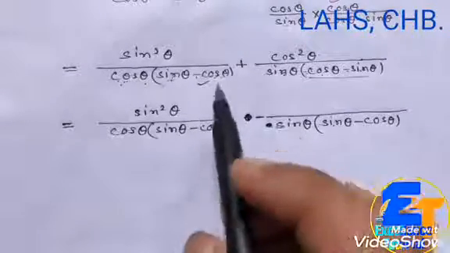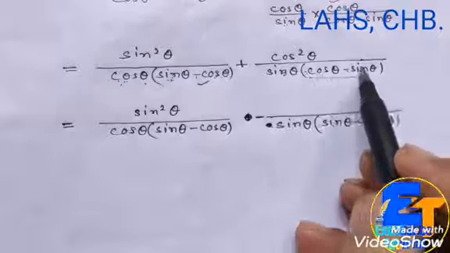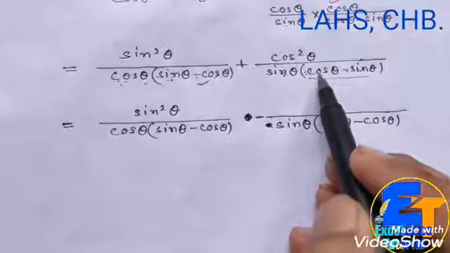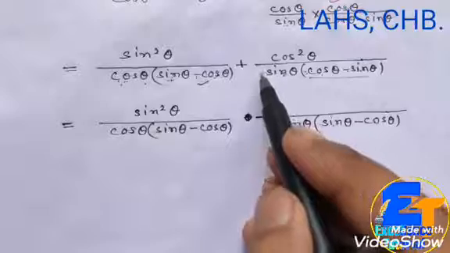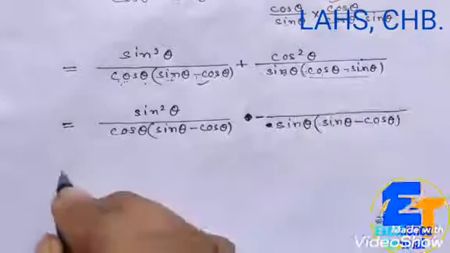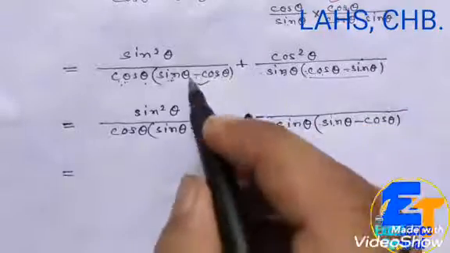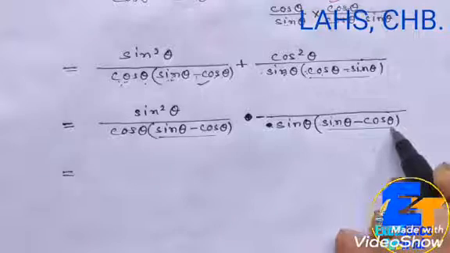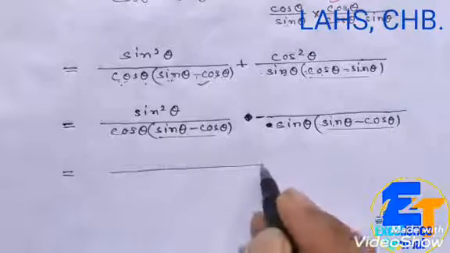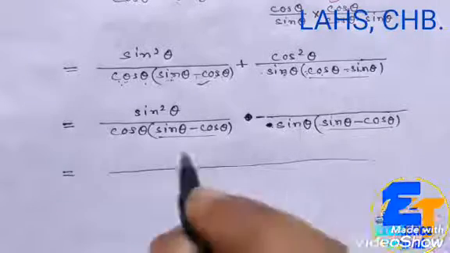I hope you have understood. When you are changing the sign of the terms given in the bracket, you will have to write a minus sign here. Okay, why have we changed? Now see, these two bracket terms exist in the same form, so we can easily take the LCM.